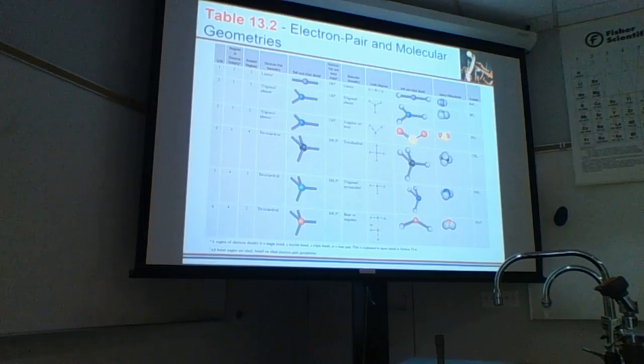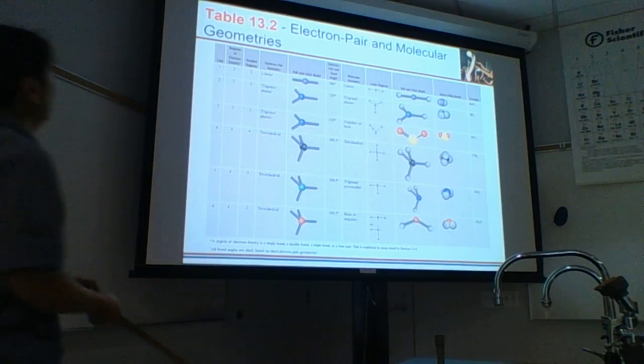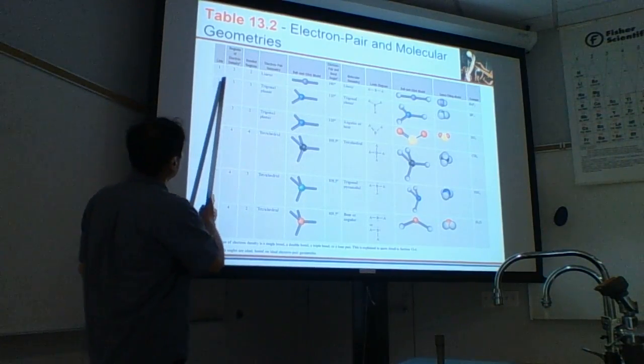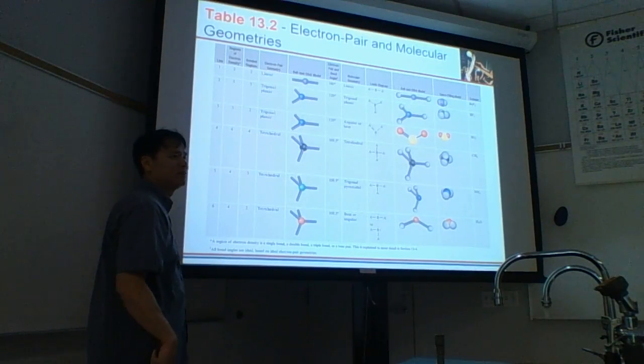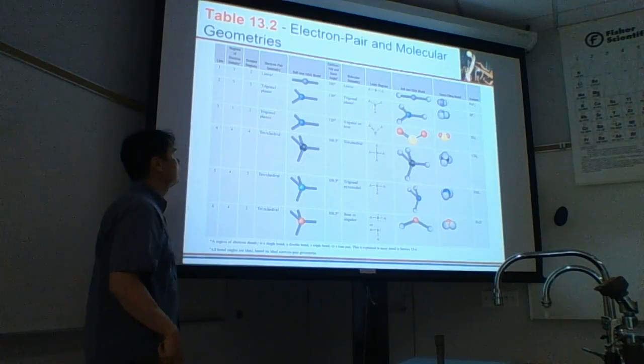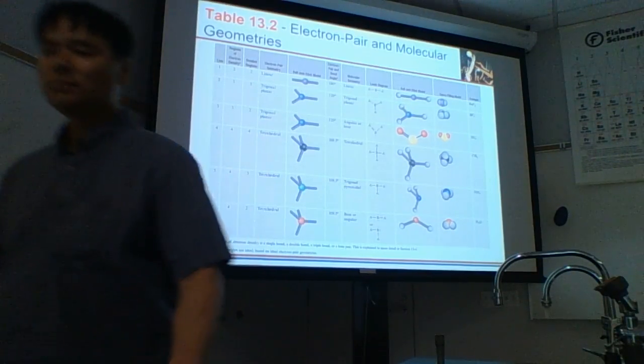It depends on regions of electron density. Regions of electron density, that's a fancy word for how many groups of electrons there are. So what constitutes regions of electron density? What they're talking about is this.